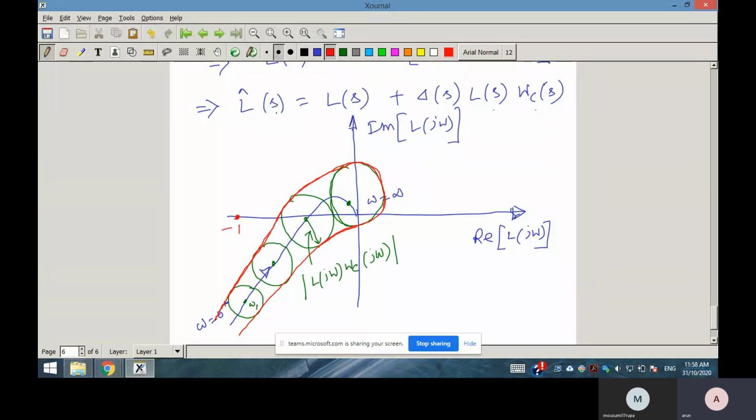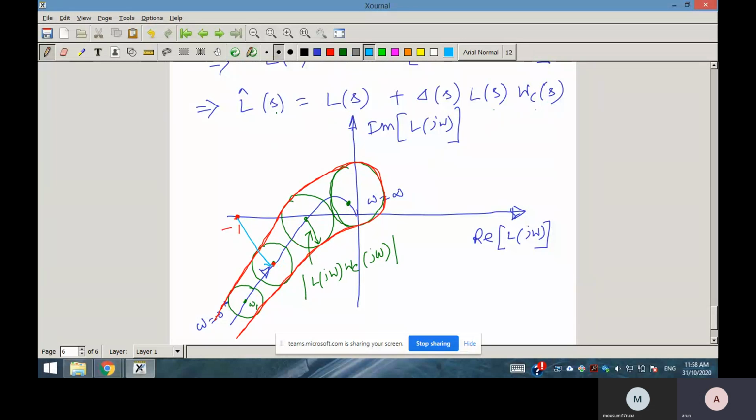So what is the distance from the nominal Nyquist plot to the minus 1 point, say at this omega?